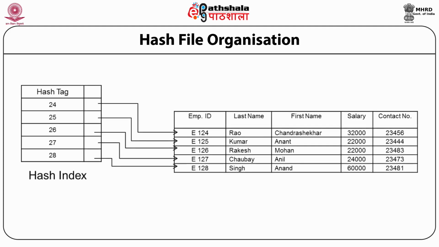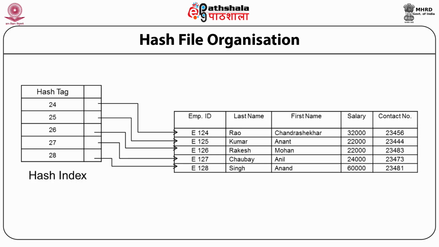This is a diagrammatic representation of hash file organization. Here you can see on the right hand side we have several records with different fields like employee ID, last name, first name, salary and contact details. On the field employee ID, the system has created hashtags, and these values are to some extent unique.